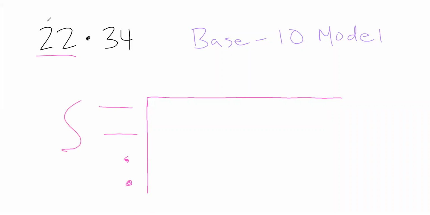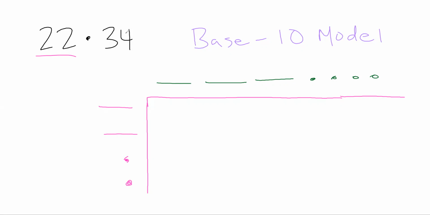Okay, so here, this is 22 right there. 10, 20, 1, and 2. Okay, cool. And then if we were to model 32 across the top, we'd go 10, 20, 30, 1, 2, 3, 4. Okay, so this is what we've been doing, and this has made sense.